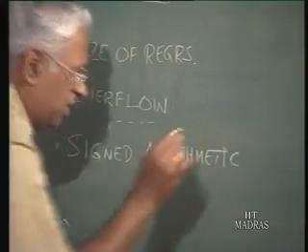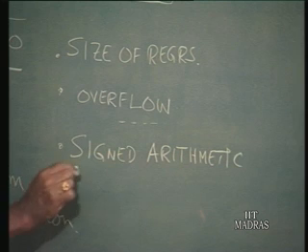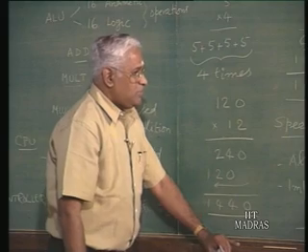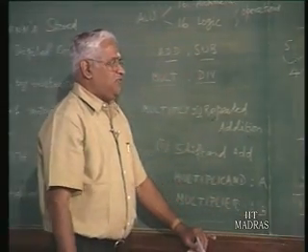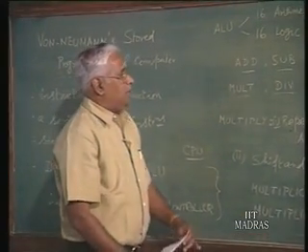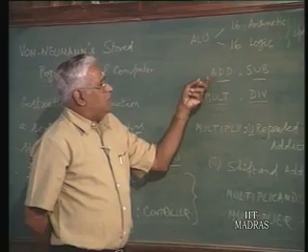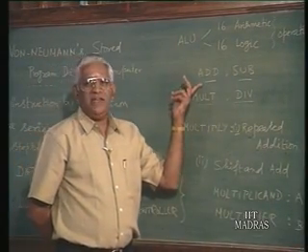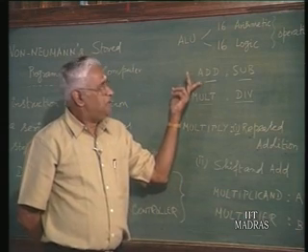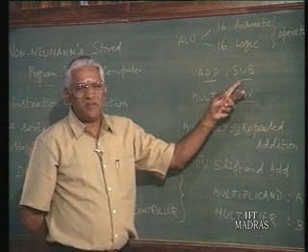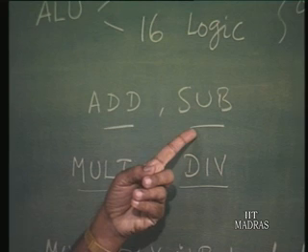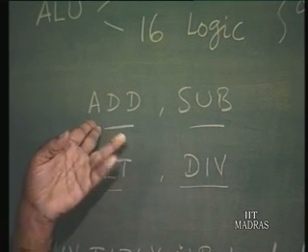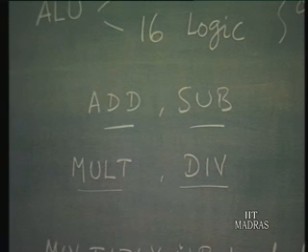So far we have not bothered about the signed part. Now, the simple thing: if you add two numbers, say plus 9 and minus 5, it really amounts to a subtract operation, is it not? Plus 9 and minus 5 you are adding, it actually amounts to subtraction.